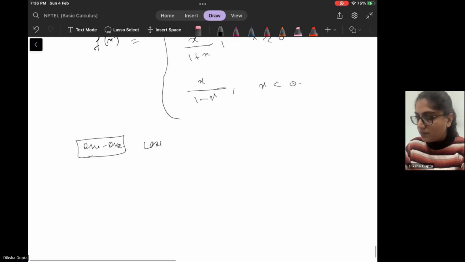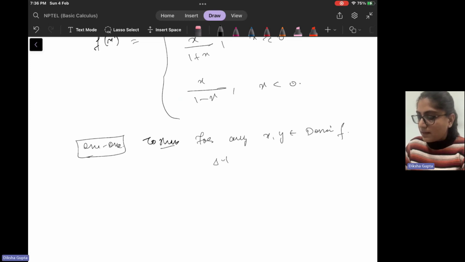Case 1: we have to show that for any x, y belonging to the domain of f such that f(x) equals f(y) implies x equals y. So we take four cases.